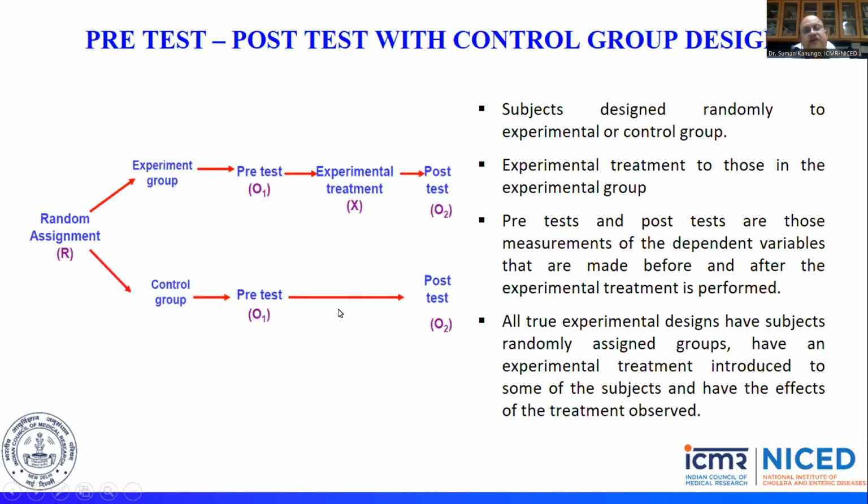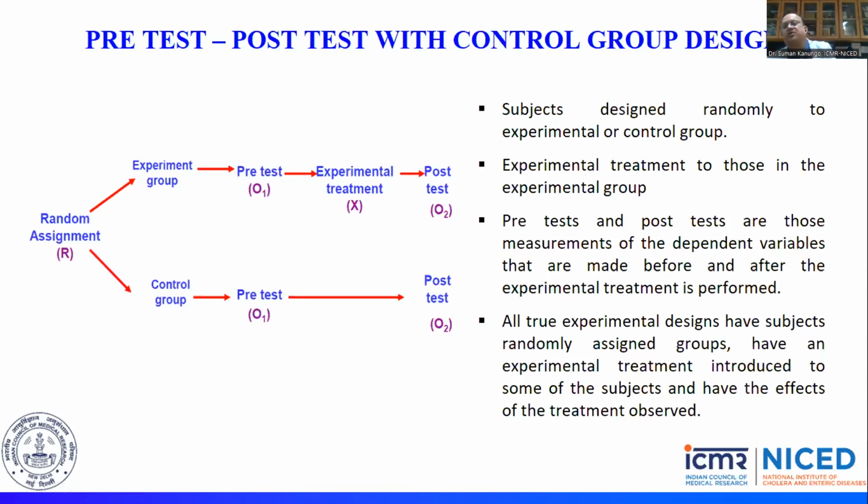In the other arm, we do not provide the experimental treatment, and we get another result. We compare these two results, O2 in the experimental group versus the post-test in the non-intervention arm.